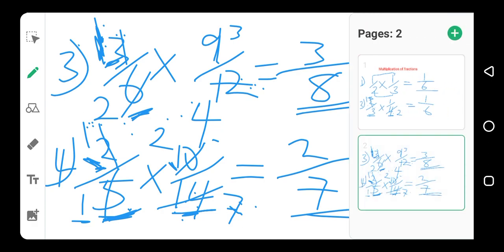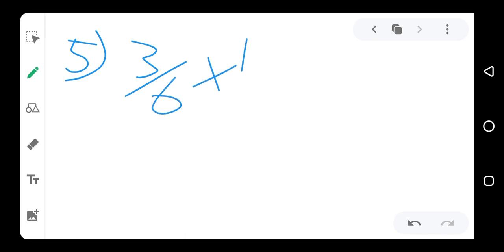Now let's look at one more example. If we have 3 over 6 multiplied by 9 over 12.